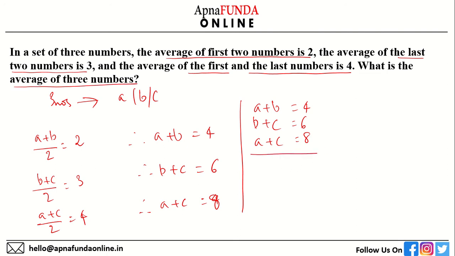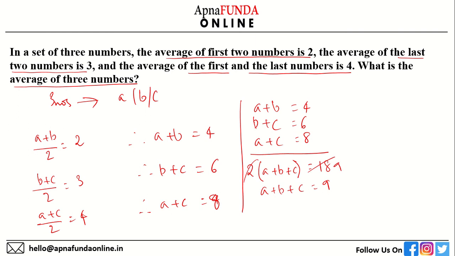What I'll do is add all these three expressions. So I get 2 times A, 2 times B, 2 times C. So I can simply write 2 into (A plus B plus C) is equal to 18. So A plus B plus C is equal to 9.